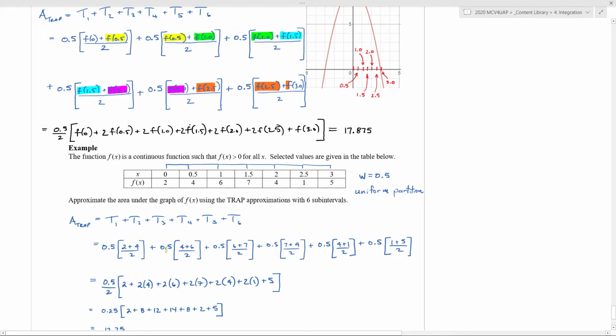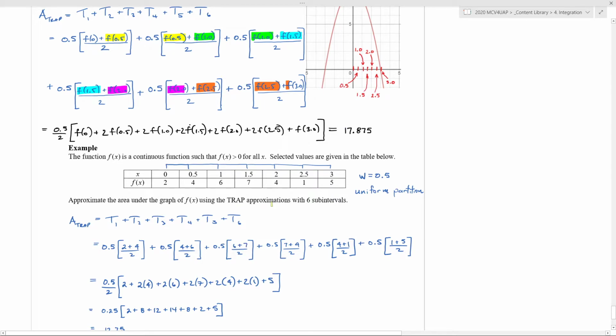For the second trapezoid, it would be 4 plus 6 divided by 2. 4 and 6 are the 2 heights. Divide that by 2 and multiply by the width of a half. The third trapezoid, you would be using 6 and 7 as the heights. Add those together, divide by 2, multiply by a half.